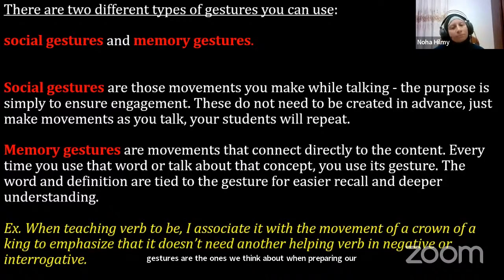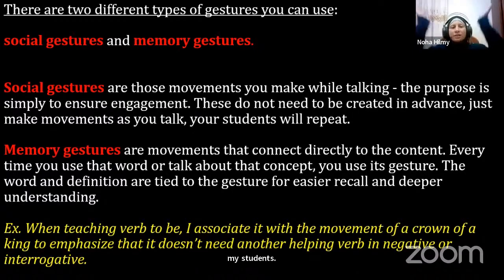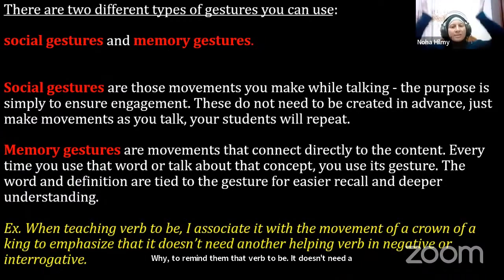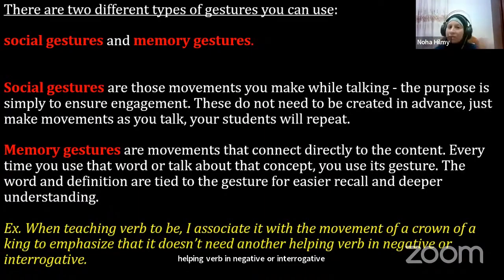So for example, and I'm speaking about myself here with my students, when I explain verb to be to my students, I always associate it with this movement of a crown, of a king. Why? To remind them that verb to be doesn't need a helping verb in negative or interrogative. So whenever I do this, they remember that we don't need a helping verb.